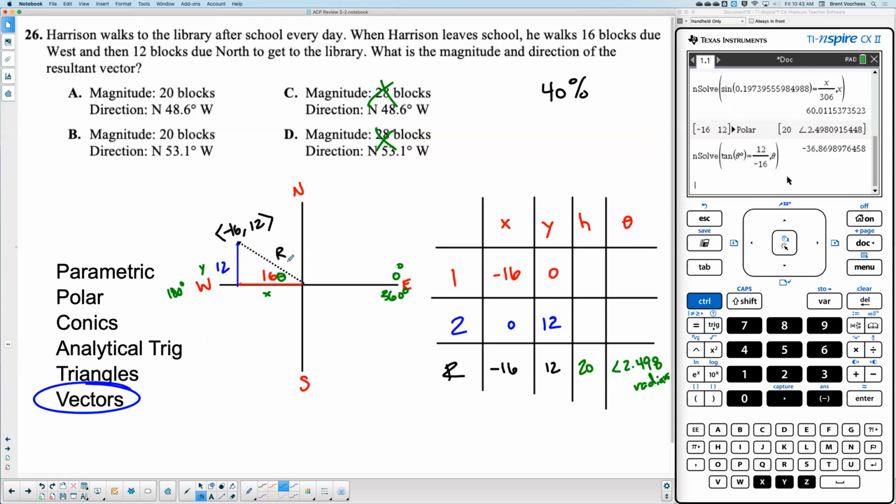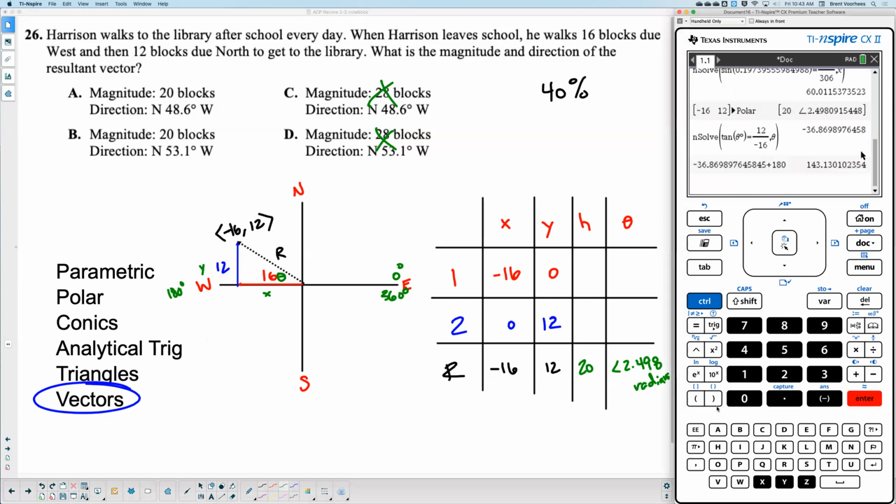So it's negative, which means you could add it to 180 to find out what the angle is in standard position. It's 143 degrees this way. 143.1 degrees. Inside here, it was the 36.9 degrees there.